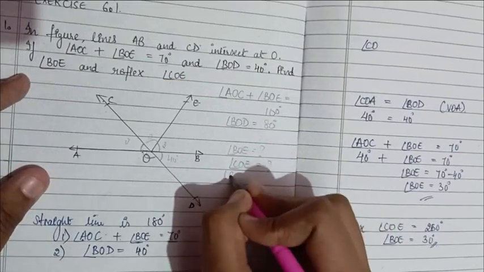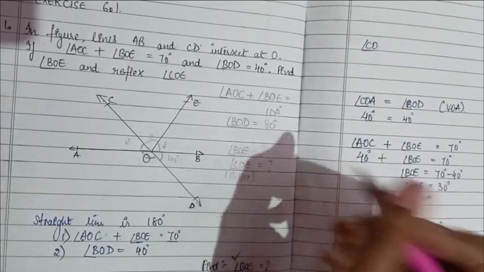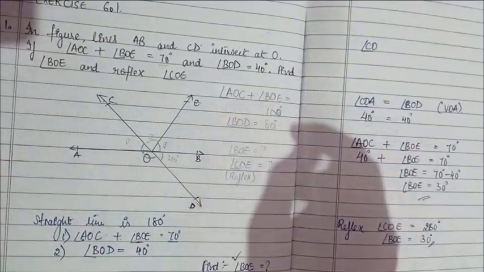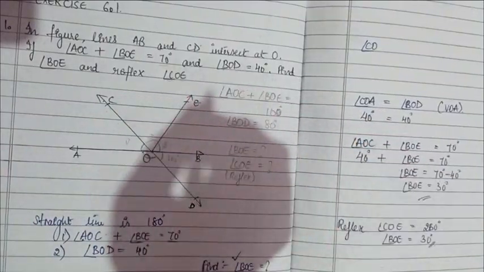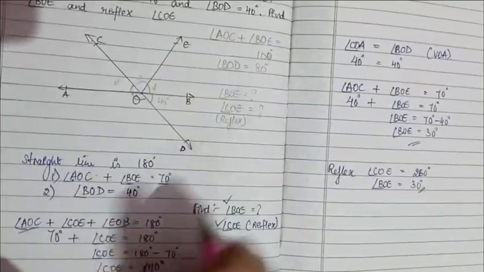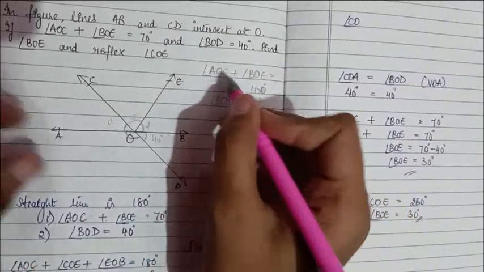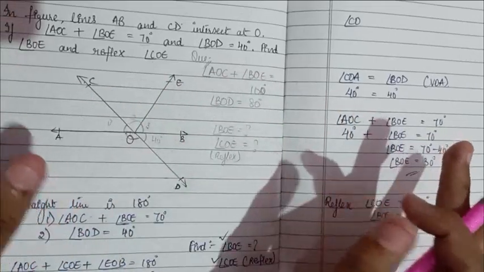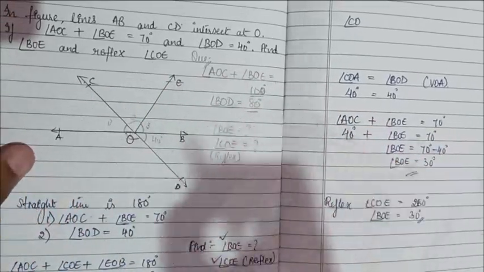Find it and leave your answer in the comment section. If you complete this question, I can be sure you have understood this question. You may refer to all these solutions. It has the same diagram, no changes, just the values are changed.